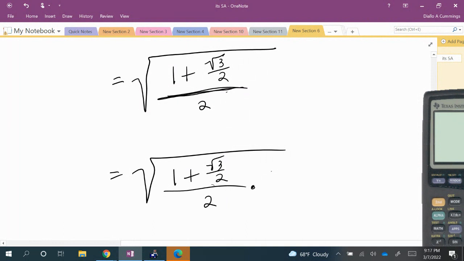So I'm going to multiply the numerator and the denominator by 2. Right. Remember, I'm multiplying by 1. Anytime I multiply by 1, I'm not changing the value, but I can change the way that my number is expressed.